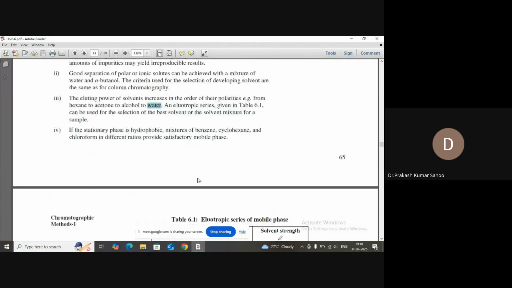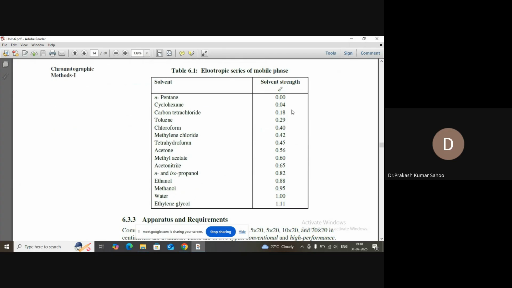If the stationary phase is hydrophobic, a mixture of benzene, cyclohexane, and chloroform in different ratios provides a satisfactory mobile phase. So depending on the type of component and the type of stationary phase you have used, accordingly your solvent is chosen from non-polar to polar.